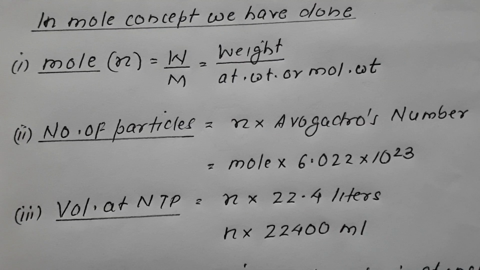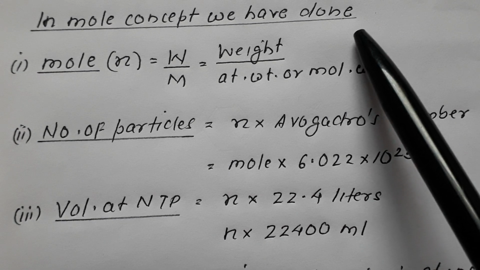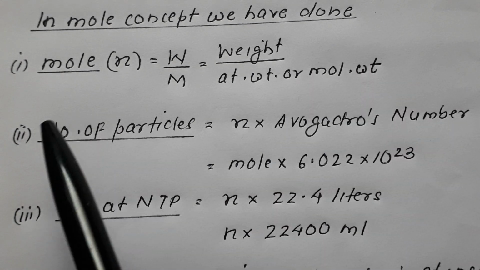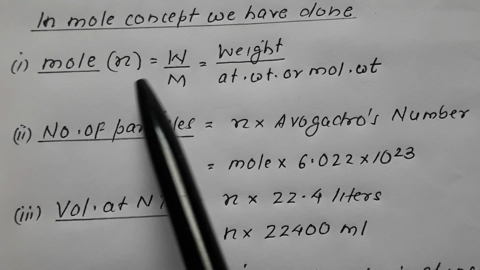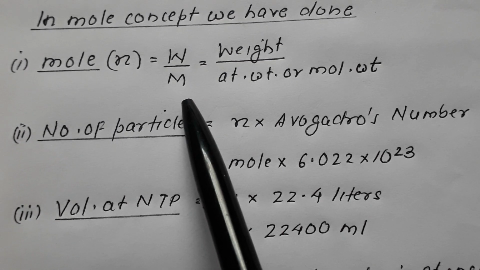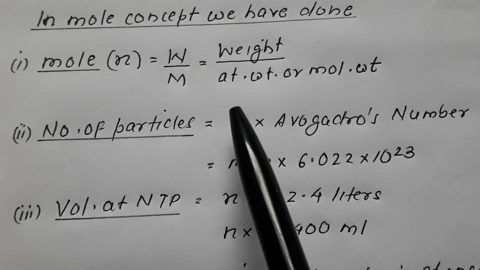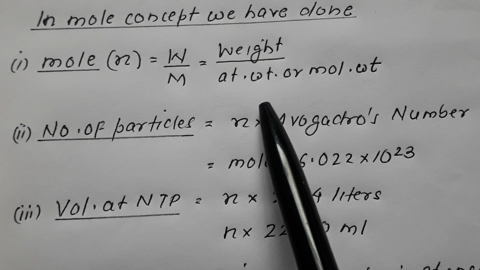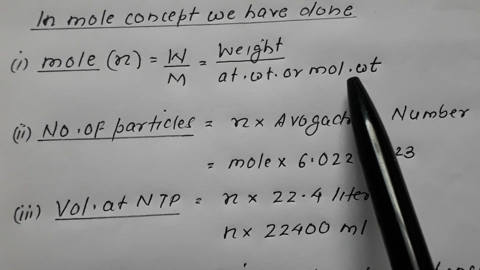Now if you remember, in the mole concept we have done that mole, which is represented by n, is equal to W by M, the weight of the substance taken upon the atomic weight if the substance is atomic, or molecular weight if the substance is molecular.